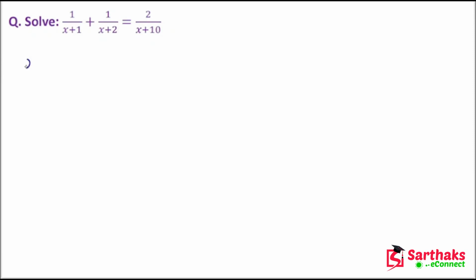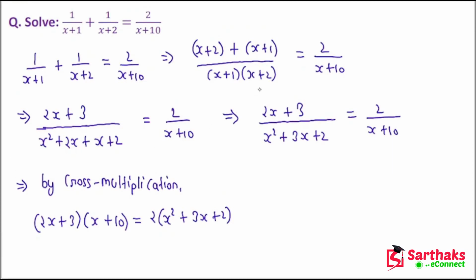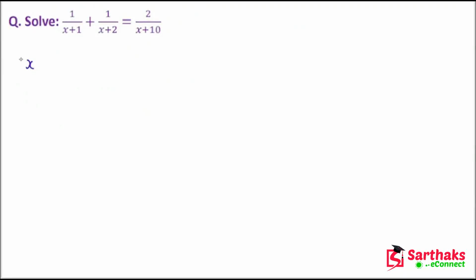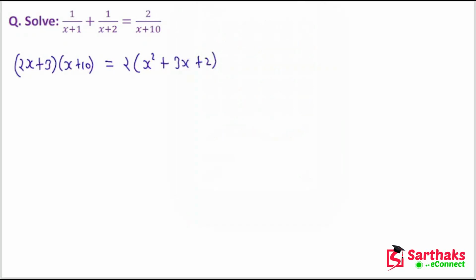We had 2x plus 3 into x plus 10 and then 2 into x square plus 3x plus 2, right? Now we have to solve them, so let us solve them and find the value of x.